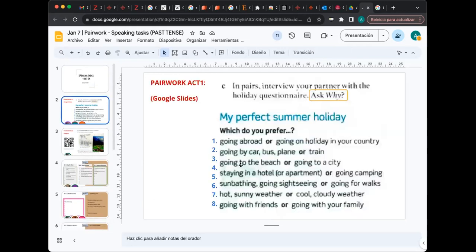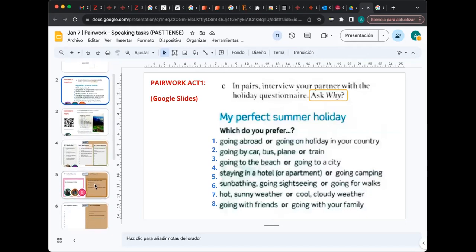Which do you prefer, going to the beach or going to a city? I like the city. It's more touristic.